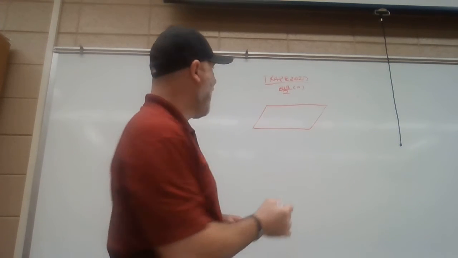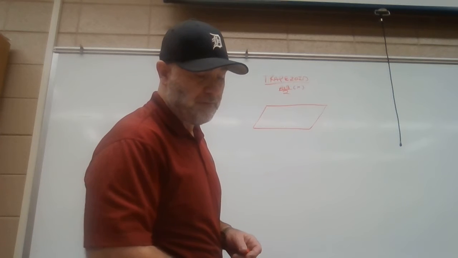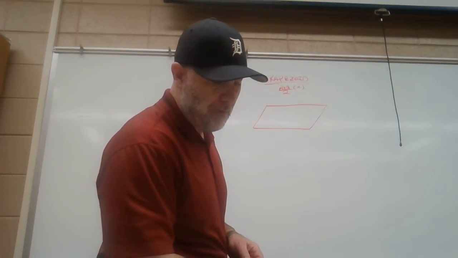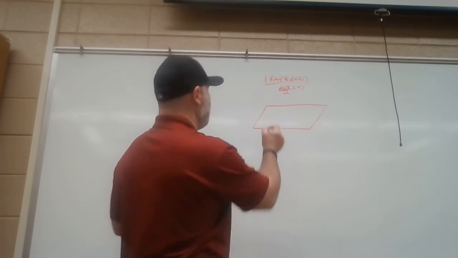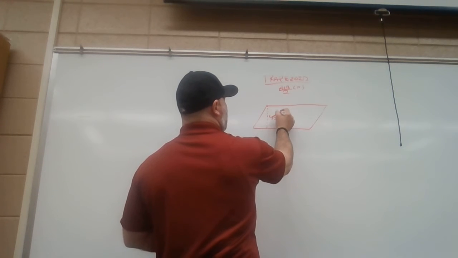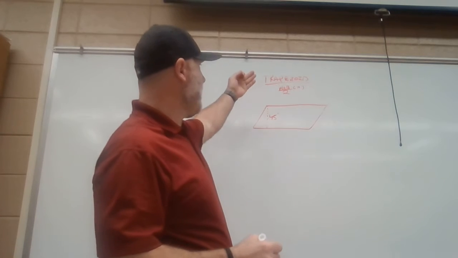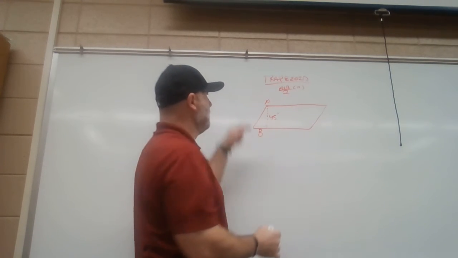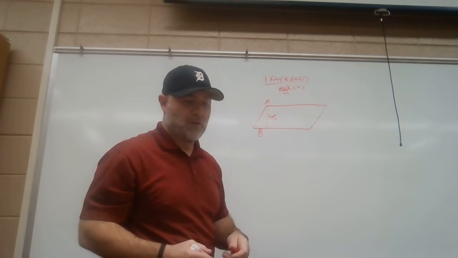So we'll say the height for this problem is 45 feet. And one side, which is A, and another side, B. You guys know that the sides are here and here.